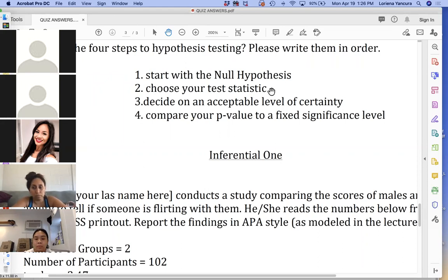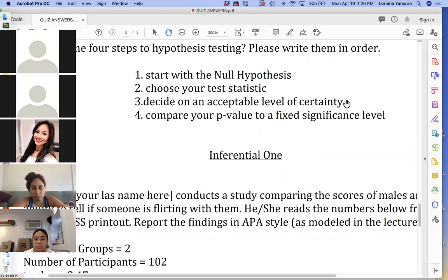And if they are related, it's a dependent samples t-test, because if they are related, they're dependent upon each other. So you choose your test statistic based on what kind of relationship you want to test, a relationship or a difference.